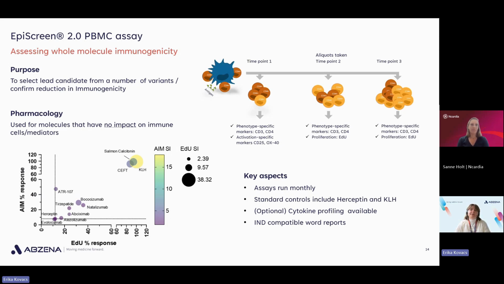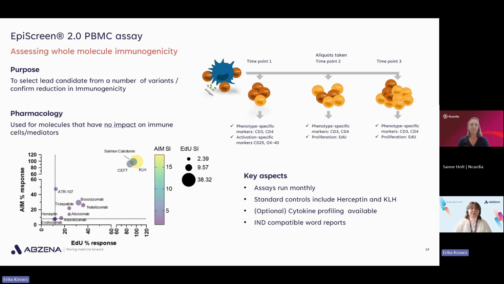We add your drug candidate to PBMCs, and at various time points we take samples of these PBMCs. We can zoom in on specific cell populations, most likely the target population of interest will be the CD4 T lymphocytes, and we can look at activation markers such as CD25, OX40, as well as proliferation, which we do with EdU incorporation.